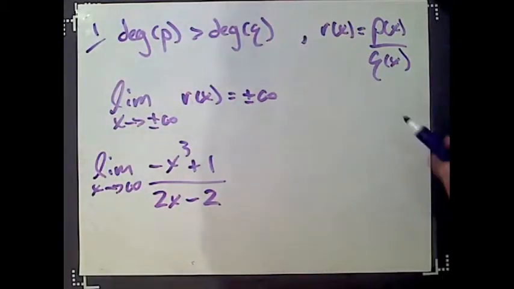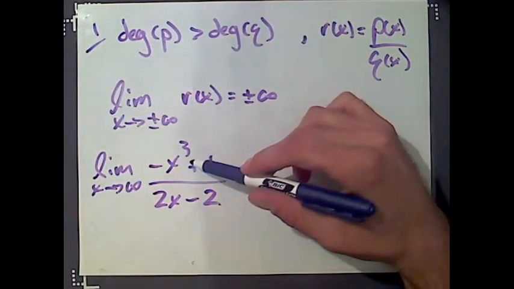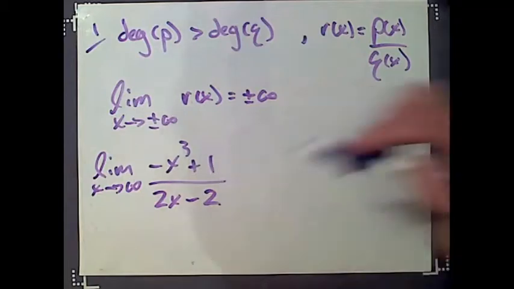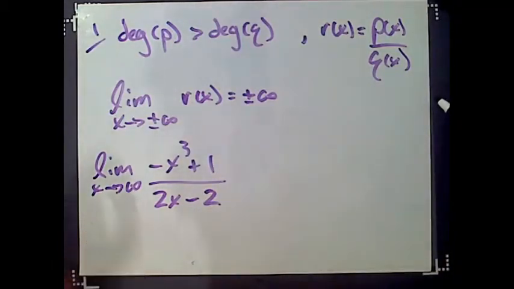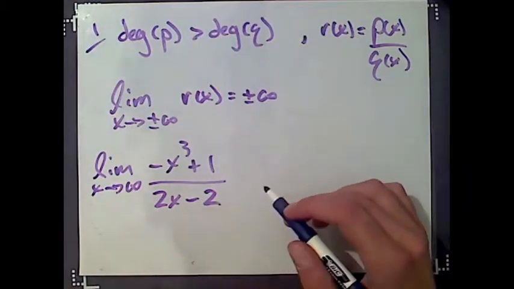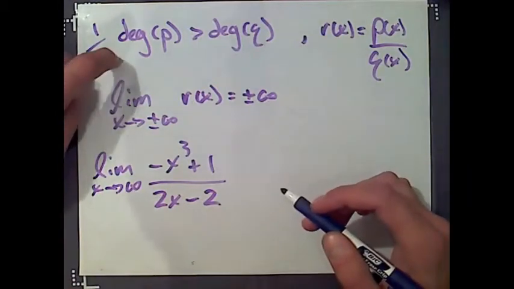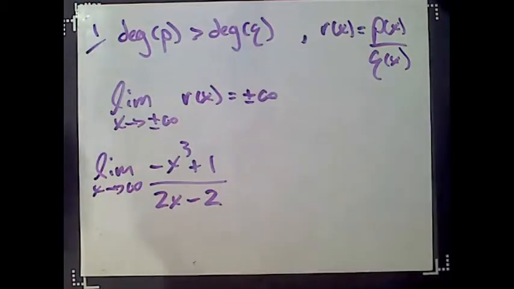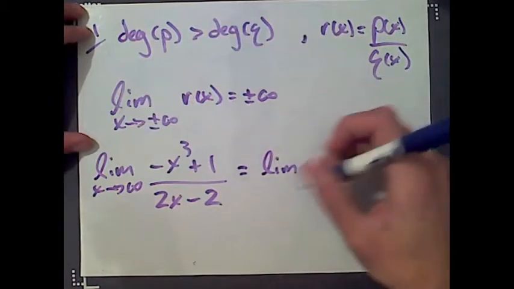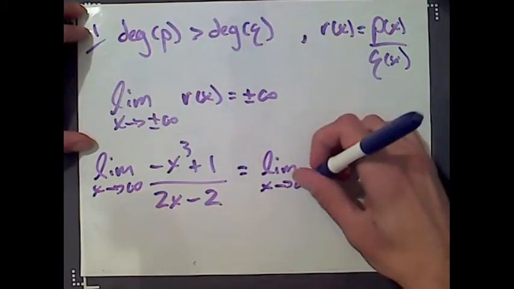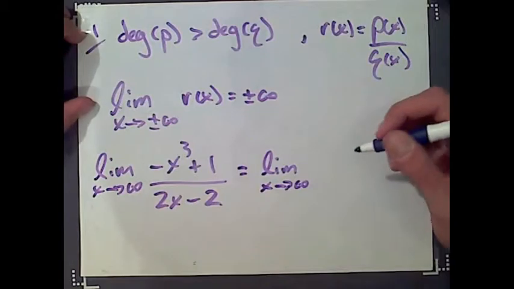The degree of the numerator is 3, and the degree of the denominator, 2x minus 2, is 1. So we fall into the case where the degree of the top is bigger than that of the bottom. The rule for all of these cases is that we take the leading term in each polynomial, the highest degree term, and forget about the rest.